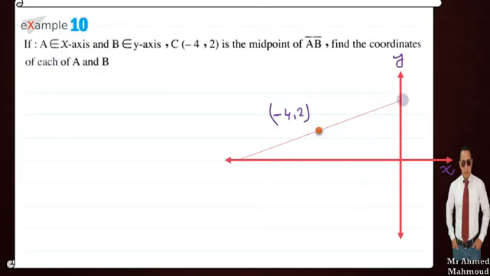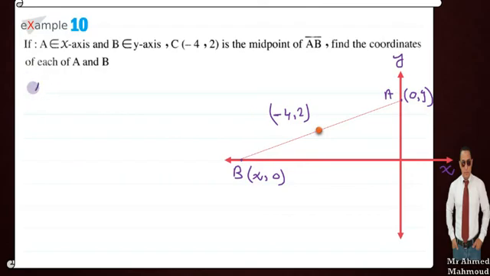A belongs to y-axis, then A here equals 0 and y, because any point belonging to y-axis has x coordinate 0, and the point B which belongs to x-axis is x and 0. Now it's easy to find x and y like this.